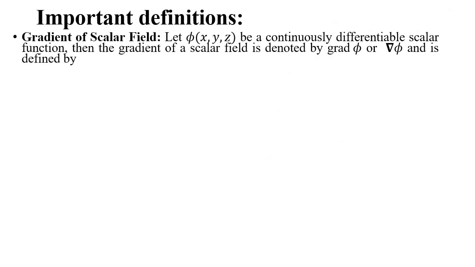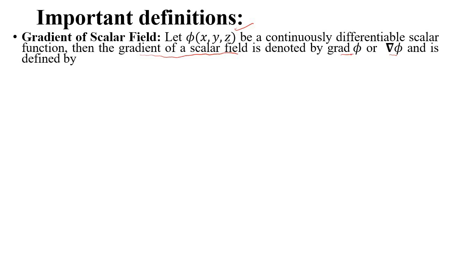What is a gradient? Gradient of a scalar field. Gradient we are going to define for a scalar. Let's consider phi of x, y, z to be a continuously differentiable scalar point function. Then the gradient of a scalar field is denoted by grad phi or del phi. What is del? Vector differential operator.